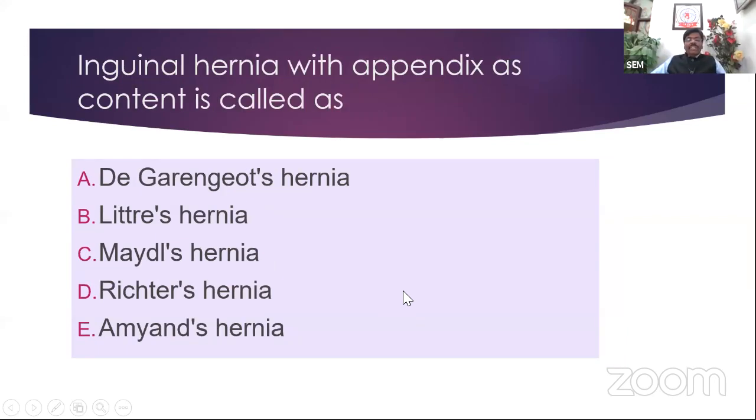Okay, I told you in the first slide itself, more than 60% is actually retrocecal. Inguinal hernia with appendix as a content is called what? The inguinal hernia chapter is over already. If you have appendix as one of the contents, that is given a different name out of these 5 different eponyms for hernia. Anybody here, PG exam going students, please try.